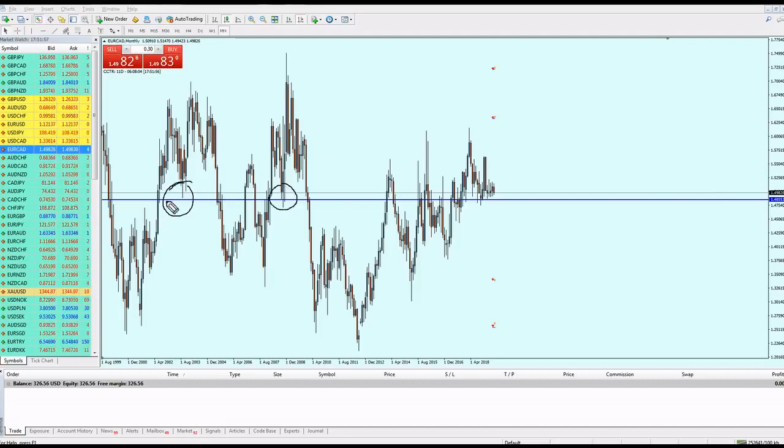You can see this support level has kept its position as a support, from the year 2002 to December 2008. The point was to show you that these levels are very effective, and they work on any time frame, from the monthly chart down to the 1 minute chart.